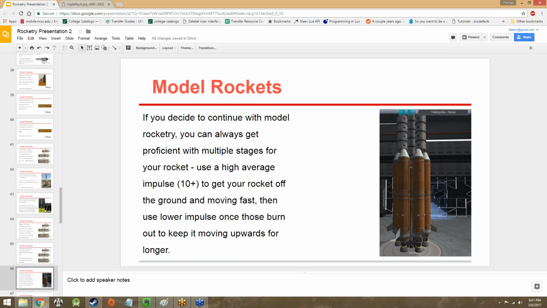Then you could use a lower impulse set of engines, like a D6, or I don't know, a number of C6 rockets, or C3 rockets or whatever. You could use those lower impulse engines once your D12 in this theoretical example burns out to keep it moving upwards for a longer period of time.